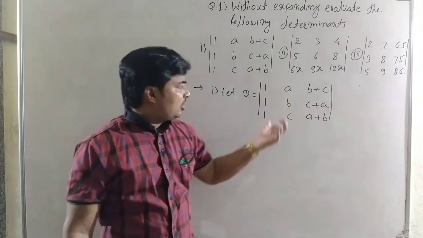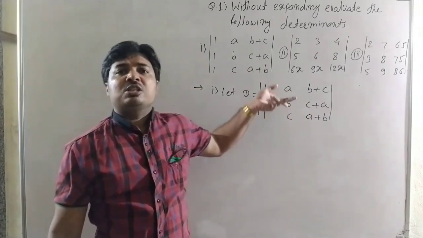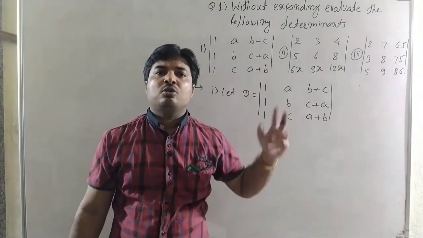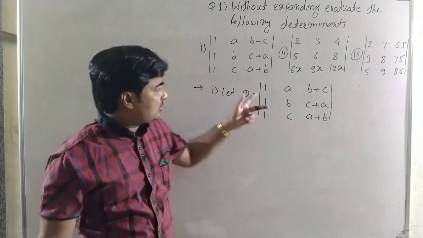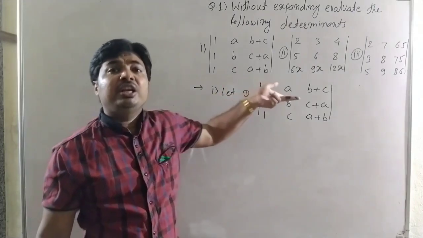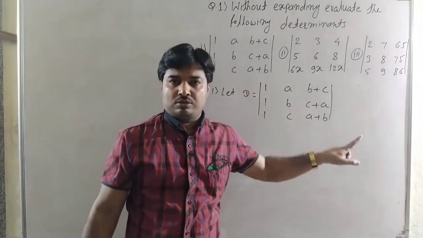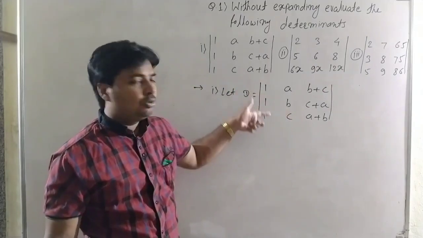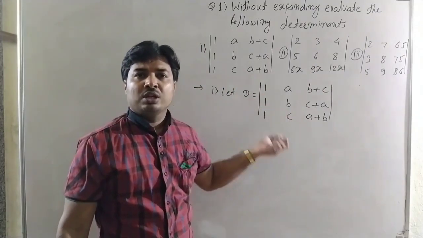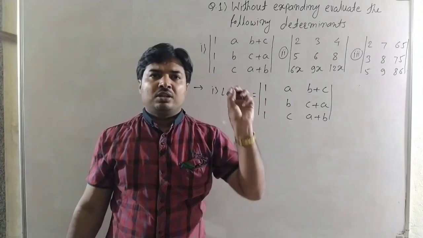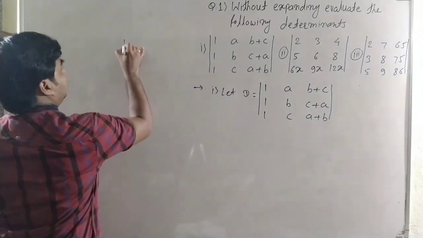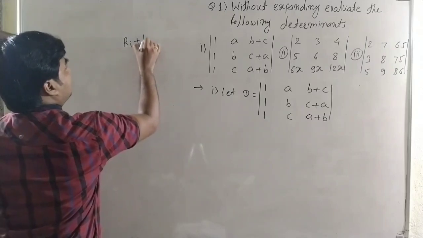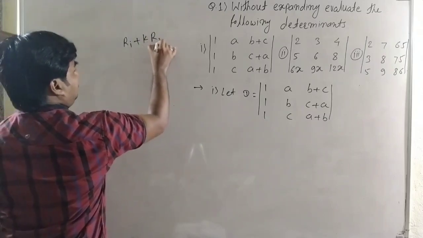Or when we perform a row transformation or column transformation, the value of the determinant does not change. Transformation means a calculation between any 2 rows or any 2 columns, that is, addition or subtraction between rows. In general the transformation can be written as Ri plus k times Rj.